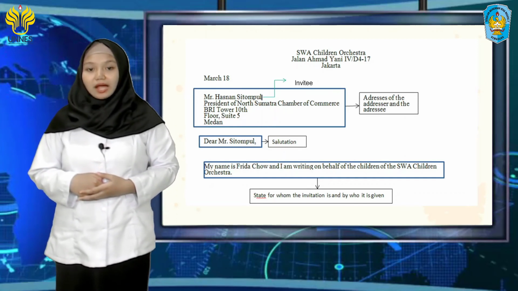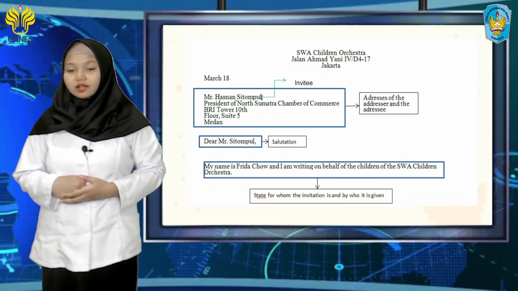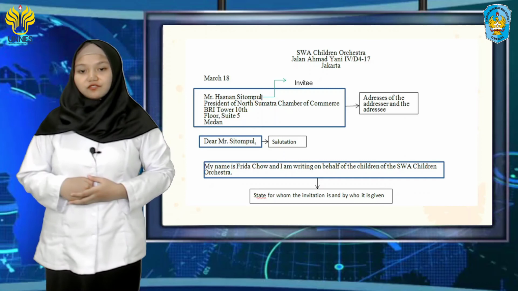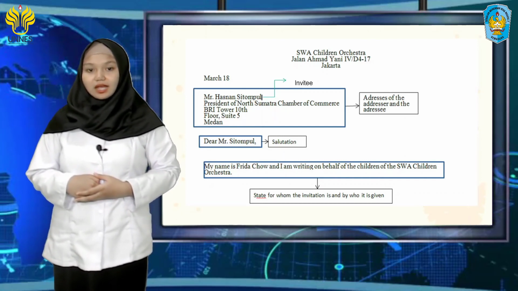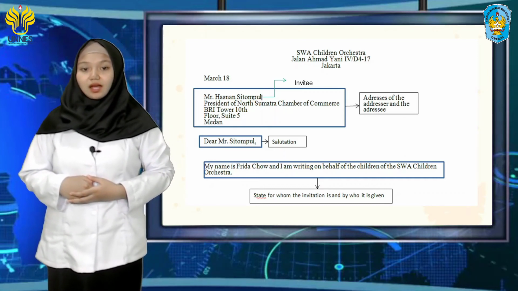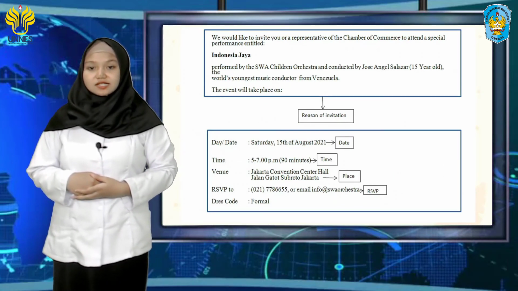And then my name is Frida Cho and I'm writing on behalf of the children of the SWA Children Orchestra. So state for whom the invitation is and by who it is given. Ini dari Frida Cho, perwakilan dari children of the SWA Orchestra. Here are the reasons of invitation.